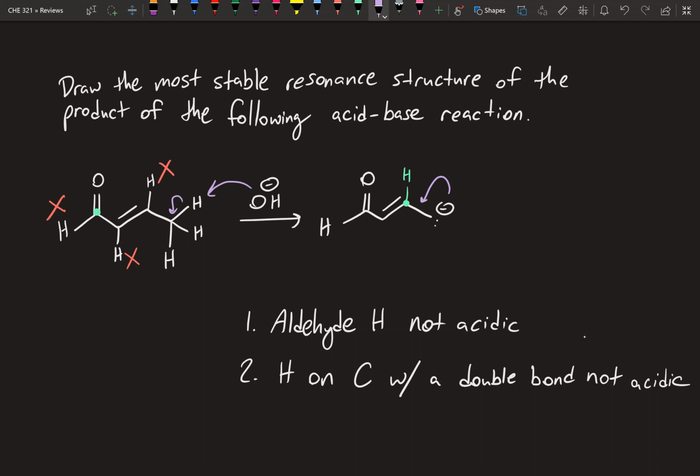Now the problem is this carbon that I marked in green is going to have too many bonds if we just did that. So we can shift this double bond over here, and again, that carbonyl carbon would have too many bonds, and so in order to make sure that no octets are broken, you bring that double bond up to that oxygen, and we get this resonance structure.